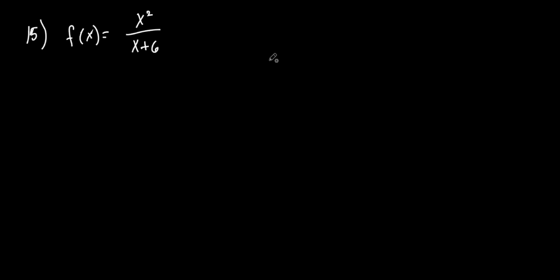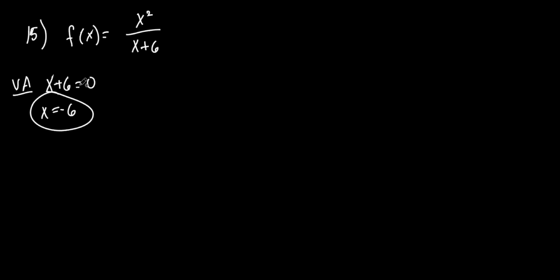Let's do the vertical first. The vertical asymptote, I'll put VA. Again, what do we do to find the vertical asymptote? We take the x plus 6 and set it equal to 0. So you solve for x equals negative 6, and that's your vertical asymptote right there.